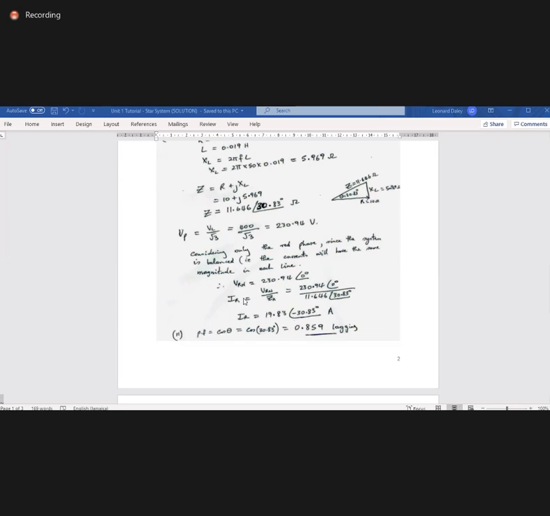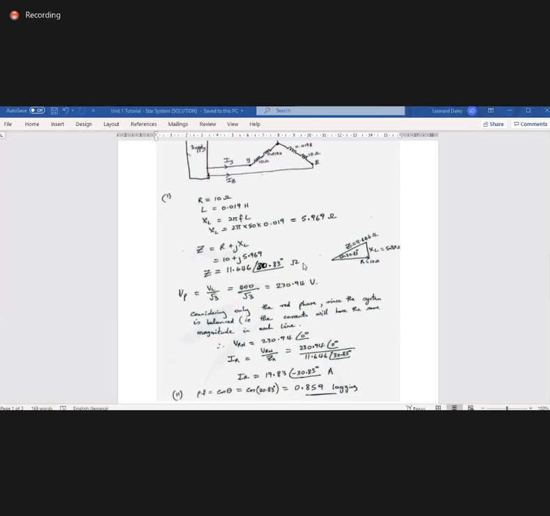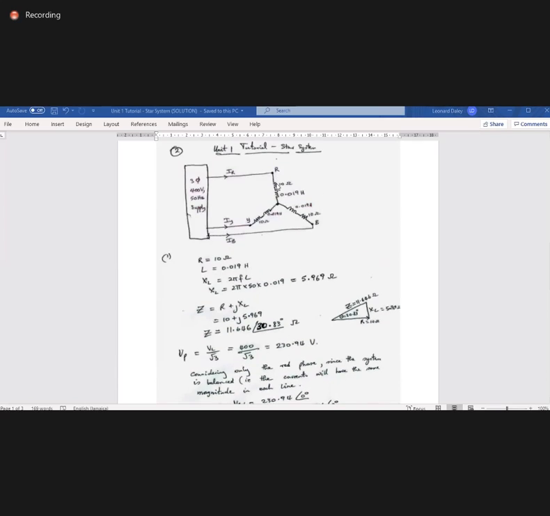And IR then is VR over ZR, the voltage across the red phase divided by the red phase impedance. That will be the current in the red phase. Once you find that phase current, you know that the phase current and the line current are the same for the star system.